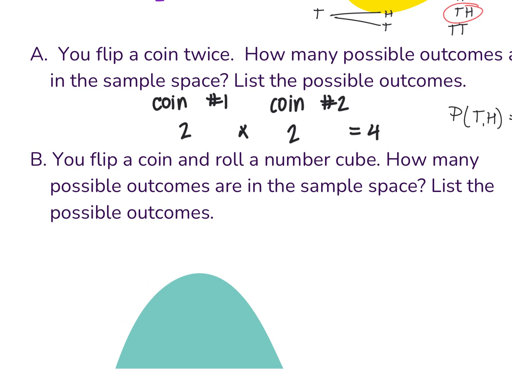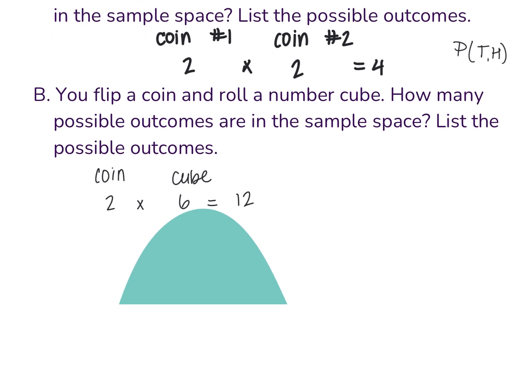I'm looking at it and I have a coin. How many sides does a coin have? 2. And what about a cube? 6. So multiplying them, how many possible outcomes can I have? 12.